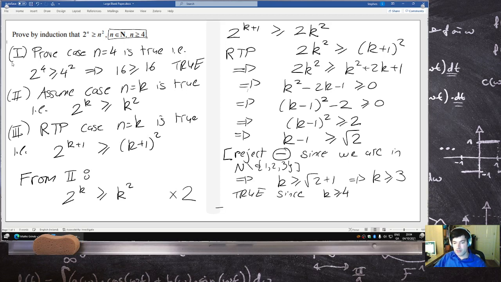So when you put your 1 and 2 and 3 together, this is our last step. That means it's true when n equals 4, 5, 6, etc. There we go.